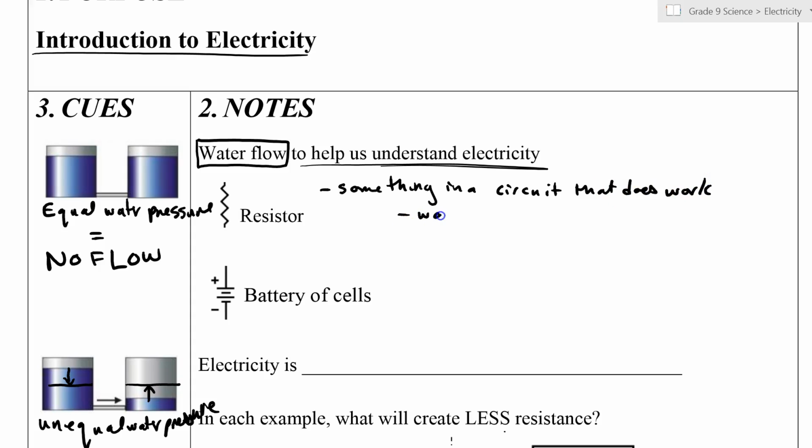So in water, this will be something like a turbine. The water will move this turbine, cause it to turn and maybe produce electricity. In a circuit, this is something like a light bulb.